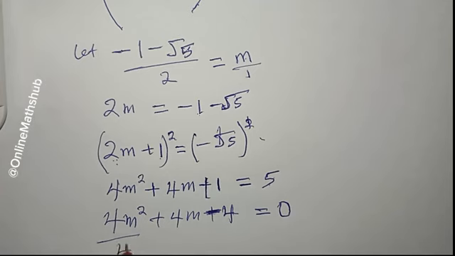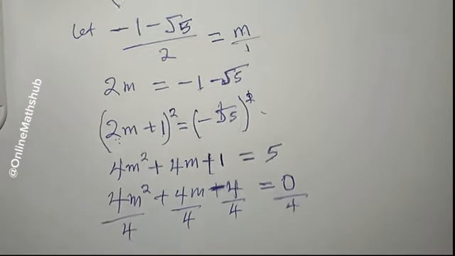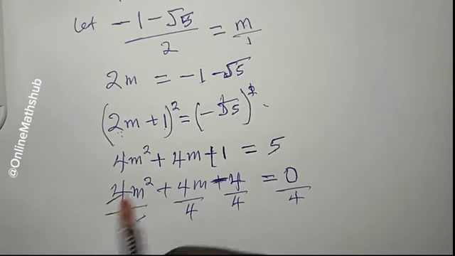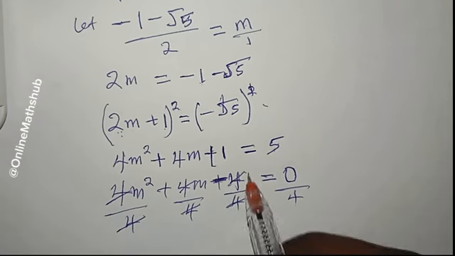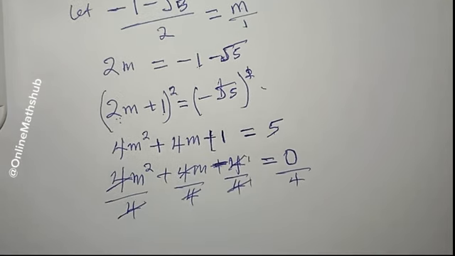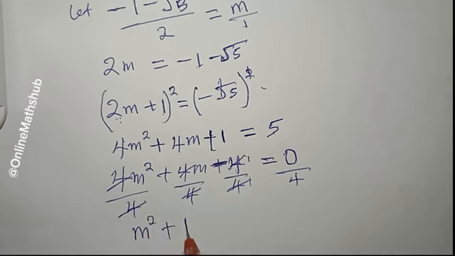Since all of them are divisible by 4, I can divide through by 4. So what I have is m squared + m - 1 = 0.